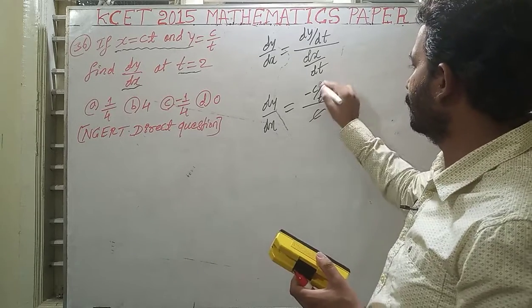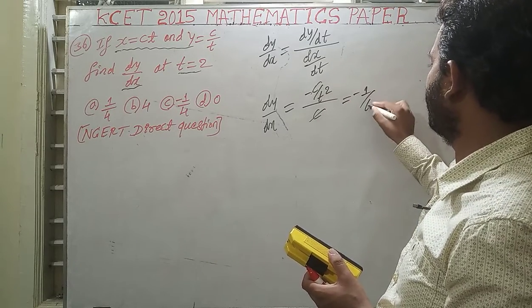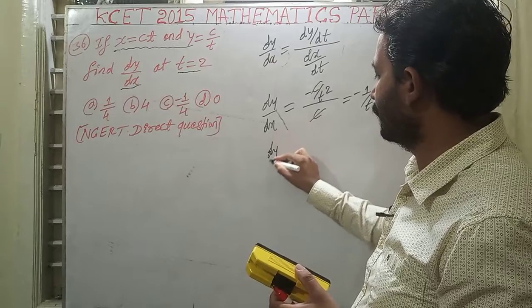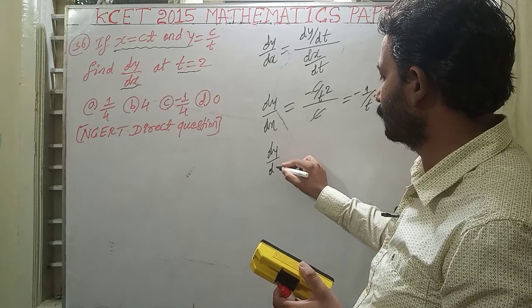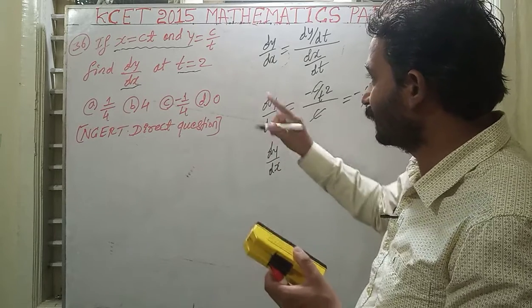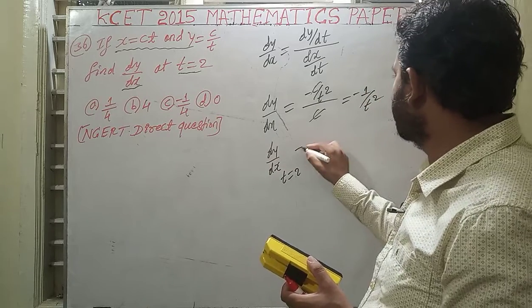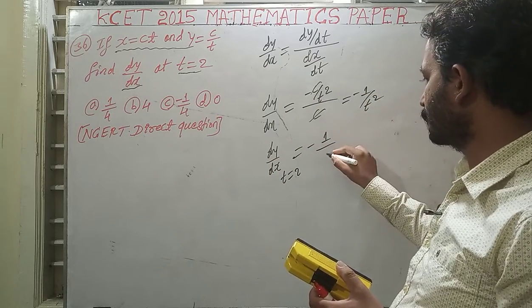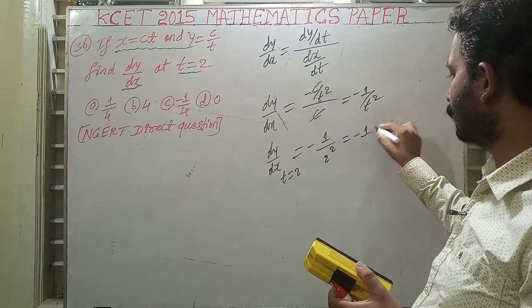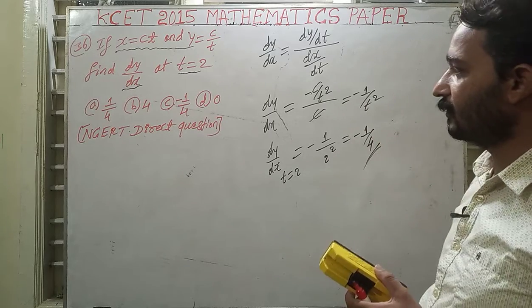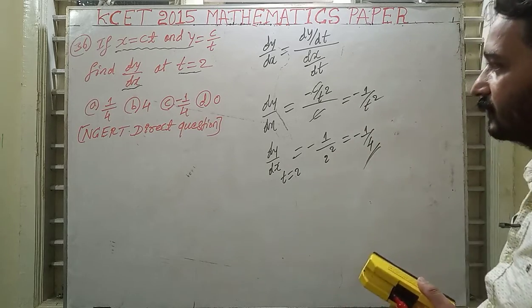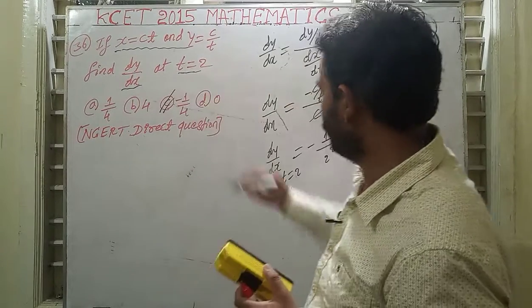So now c gets cancelled, remaining minus 1 divided by t square. This is not the answer because we have to find dy by dx at t is equal to 2. So substitute t value, 2 square, minus 1 by 4. So minus 1 by 4 is the good answer. So option C is correct.